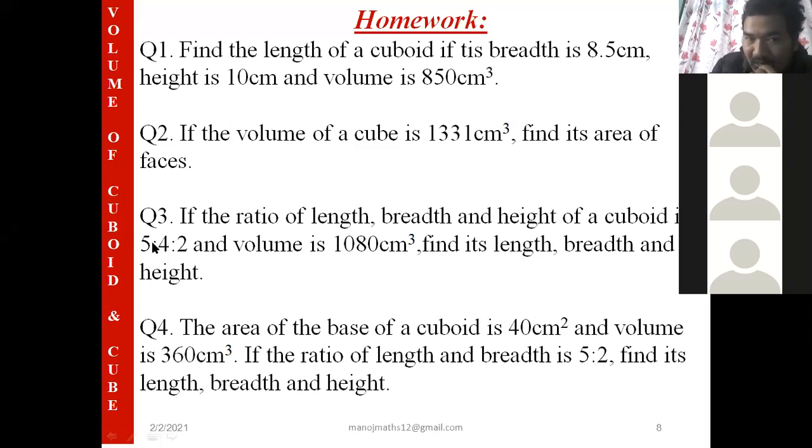And what is our height? 2x. 2 into 3 is 6. We got 15, 12 and 6 for length, breadth and height. Are you clear, children, about question number 3?